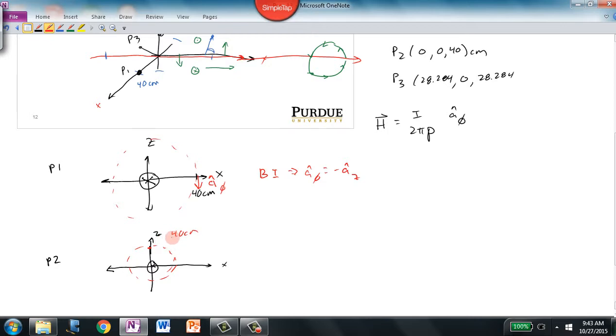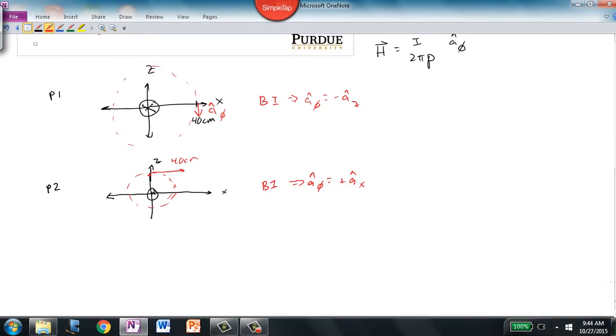If we point our thumb into the screen and we curl our fingers around the conductor, we see that the tangent point here points in the positive x-axis. So for point 2, by inspection, A hat phi is equal to plus A hat x. So again, a relatively simple case to analyze.